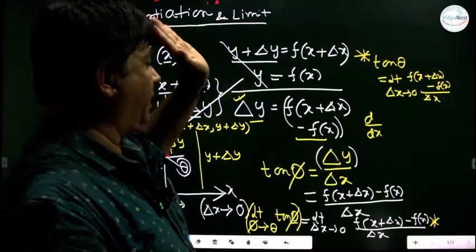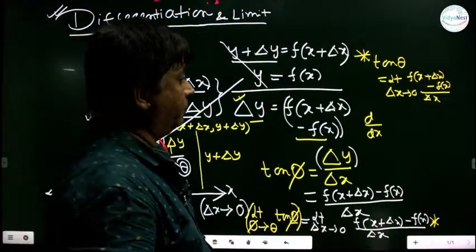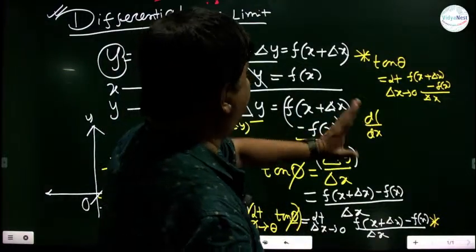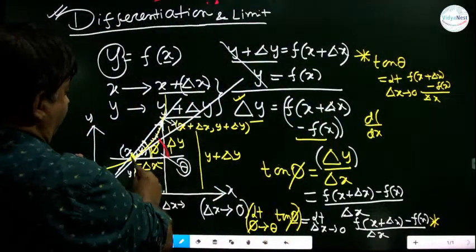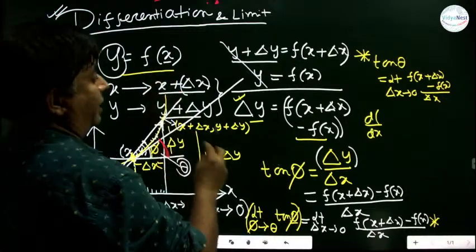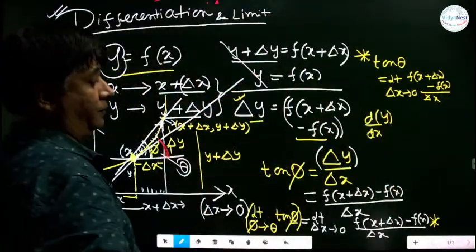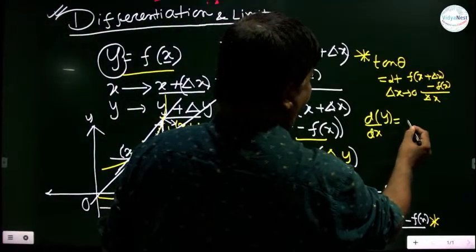This is an operator. Understand? So whom do you differentiate? That curve. What curve? y equals f(x). You differentiated y, and you have got this.